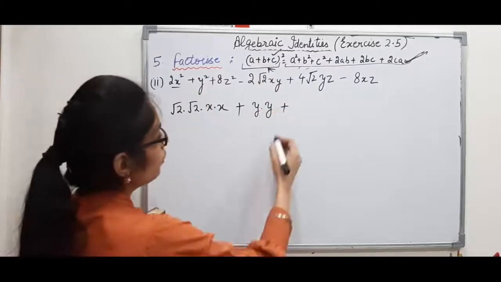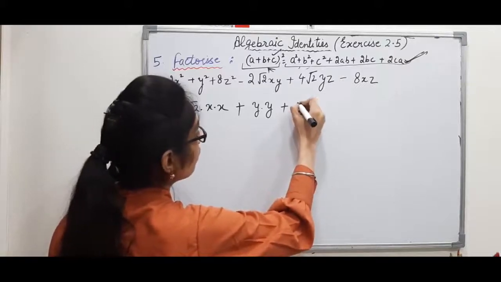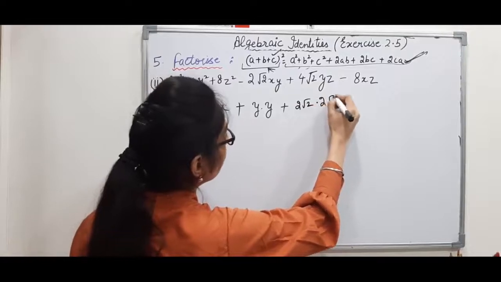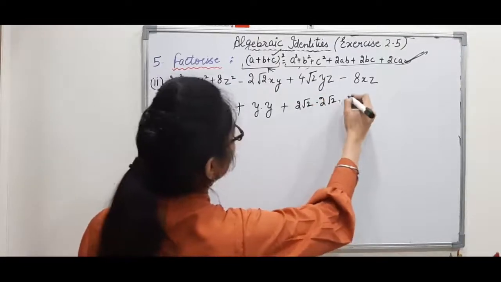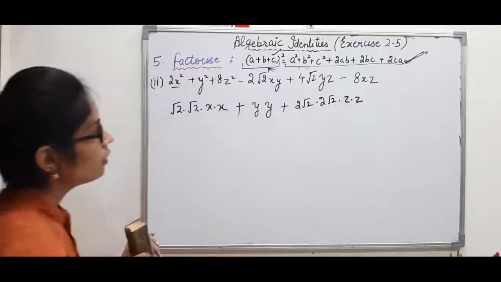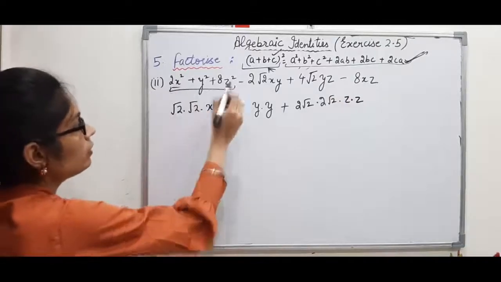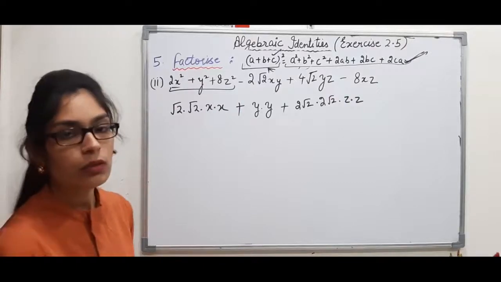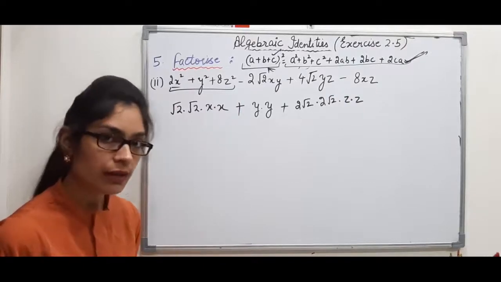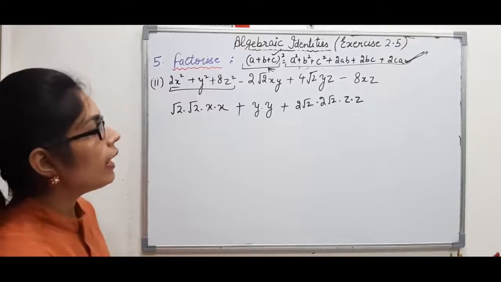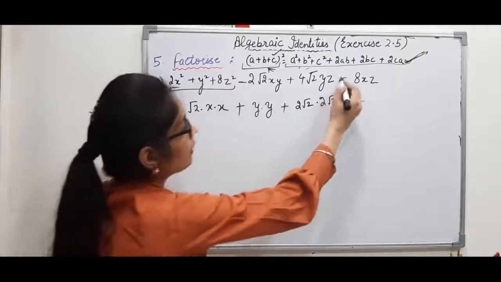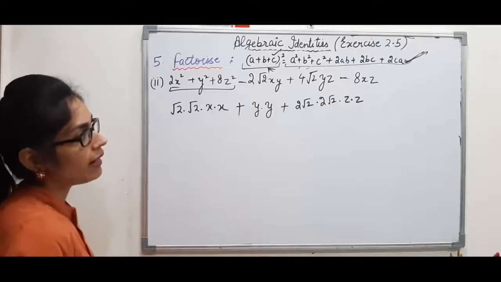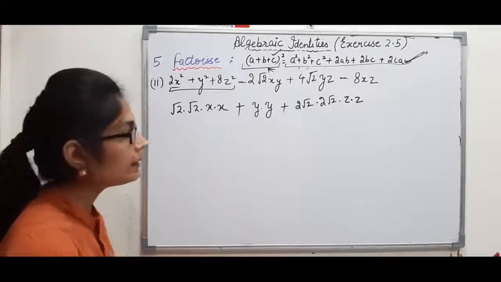So 8 we know is 2 root 2 into 2 root 2, and z into z. I am just writing this expression in a simpler form, so you can recognize the values of a, b and c, and see which term the minus sign is with. So first of all we'll find out the values of a, b and c, then we will find out with which term the minus sign is there.